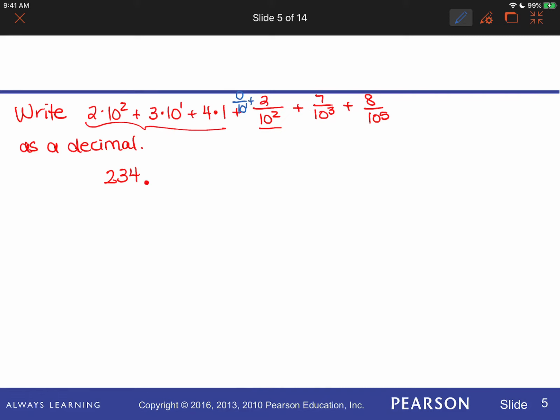And then we go 10 squared, 10 cubed, and now we're also missing 0 over 10 to the fourth. Now here you've got to be real careful about those zeros, right? Okay, so what is the number that comes after the decimal? I have 0, 2, 7, 0, 8. All right. So that's how we would write that as a decimal.